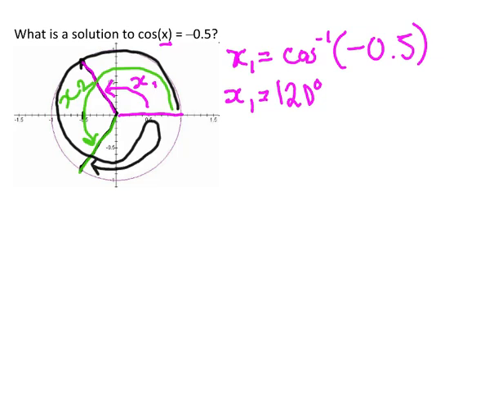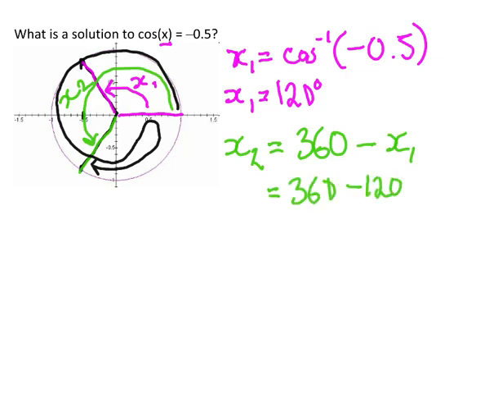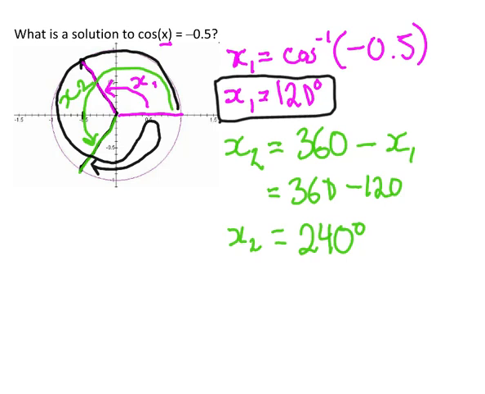So that means that x2 is going to be 360 minus x1, or for us, that would be 360 minus 120. And that gives me 240 degrees. So x2 is 240 degrees. So those are my two answers there. x1 is 120, x2 is 240.